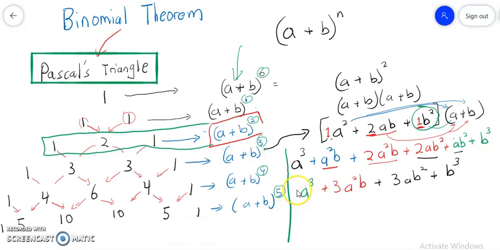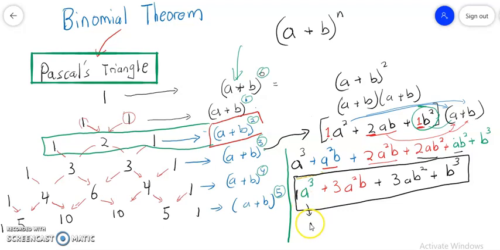Now we try to notice the coefficients of this equation that we have formed over here. Here we have 1, here we have 3, here we have 3, and here we have 1.